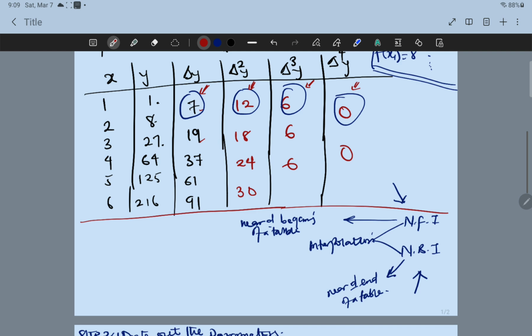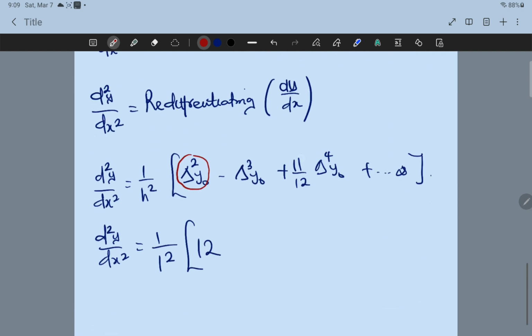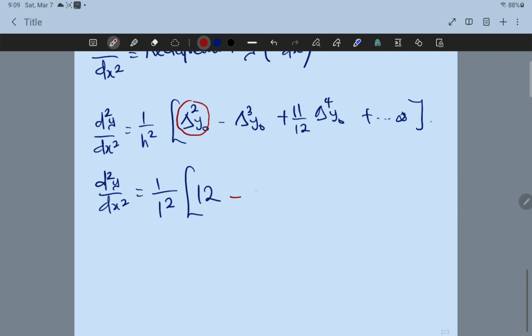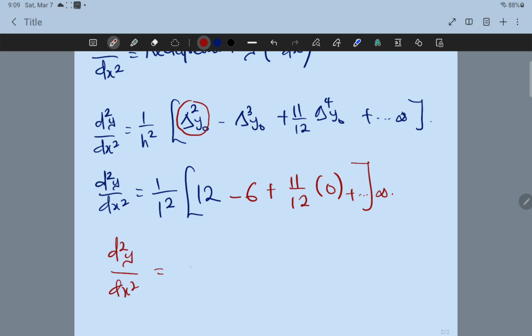So delta squared y0 is 12, that's why we have it as 12, right? Minus, what is delta cubed? That's 6, plus 11 over 12 of 0, as we approach infinity. So it means that the d squared y over dx squared is 12 minus 6. Our answer is 6.